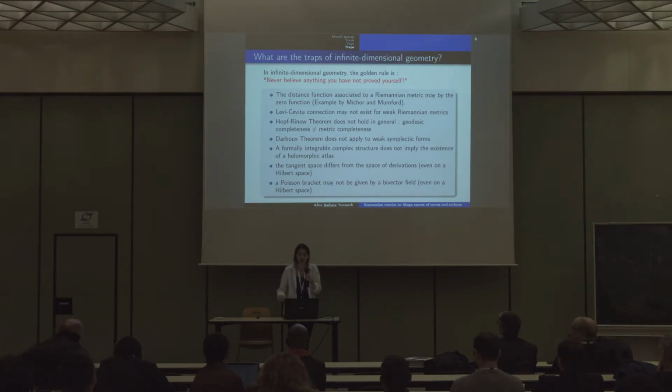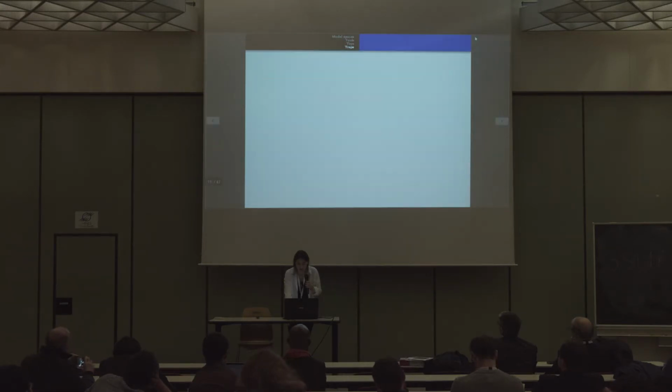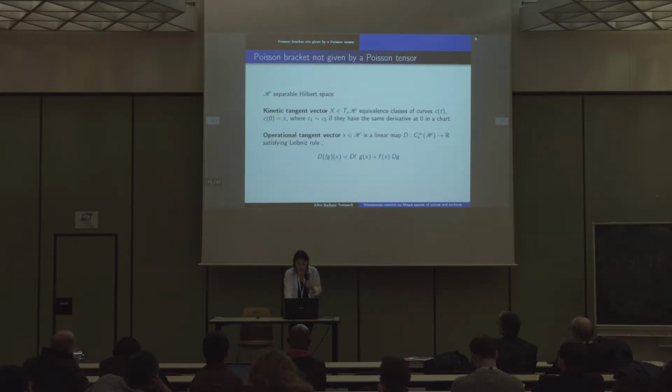And these two notions do not coincide anymore even on a Hilbert space. I will show you this in a moment. And the last point, that a Poisson bracket may not be given by a bivector field. So this ends the first story.